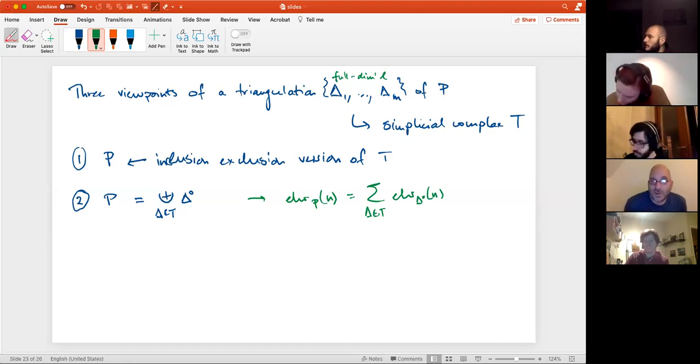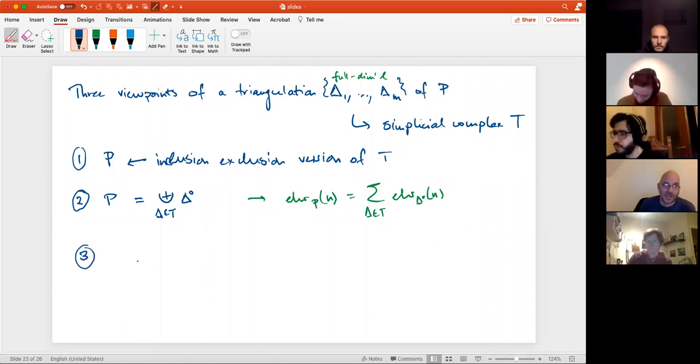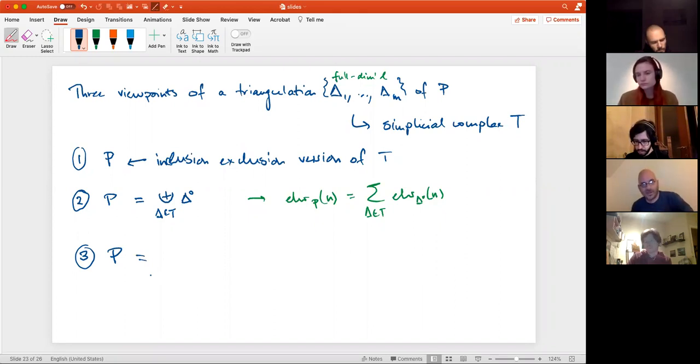But I somehow have to go to the interior. Let's say, hey, that's not bad. Viewpoint number 3 is again a disjoint union, but maybe I won't say equals.